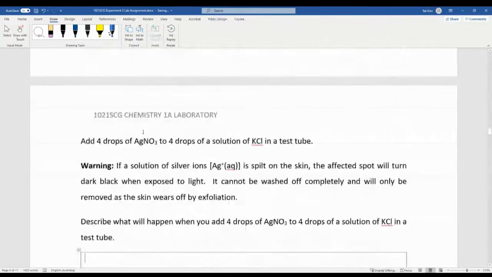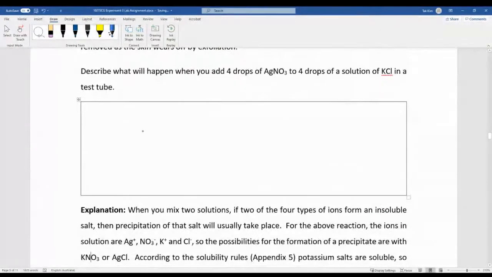And then the next one is something you did in the previous lab. Remember the filtrate? You had chlorine. So you are adding a solution containing chlorine, and you are adding silver nitrate.